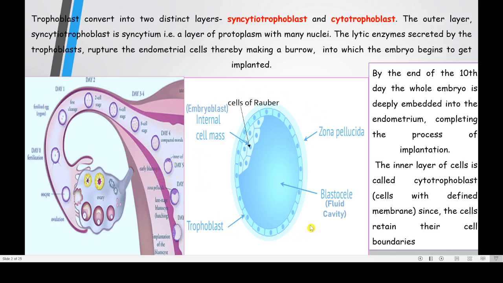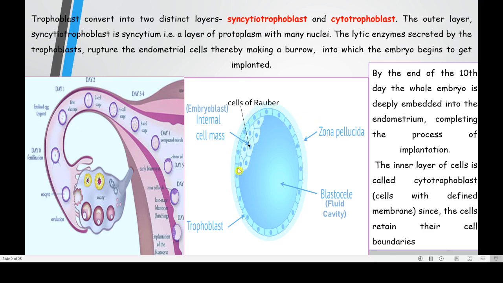This is the blastocyst which gets embedded in the endometrium of the uterus. The blastocyst is a rearrangement of the blastomeres. Few blastomeres get arranged at the periphery, and the layer is known as trophoblast. Outside the trophoblast we will find the zona pellucida.